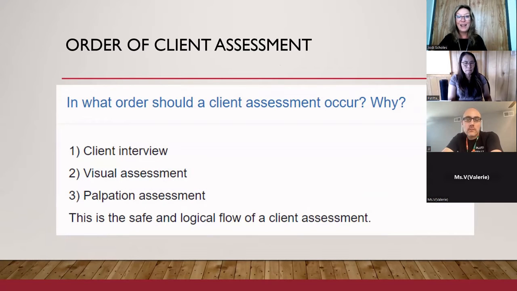Let's talk first about the client assessment. And earlier, before we started recording, I offered my opinion on the initial client interview. And the initial client interview, buckle up, you're not going to like this. If you are seeing a client for the first time, it might take up to 15 minutes. What? That's impossible.